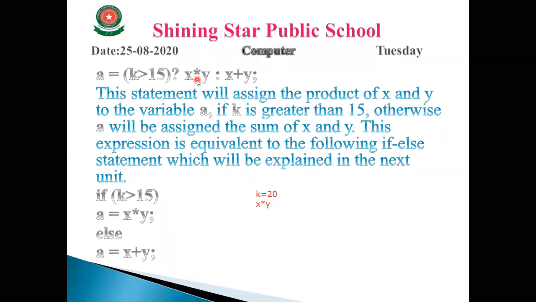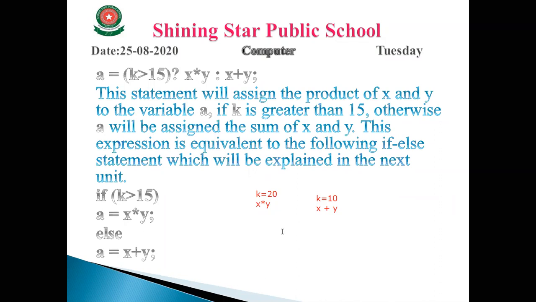But if k is less than 15, let's suppose k equals 10, it will execute the second expression. So now it will execute x + y. Okay, I hope you get my point.